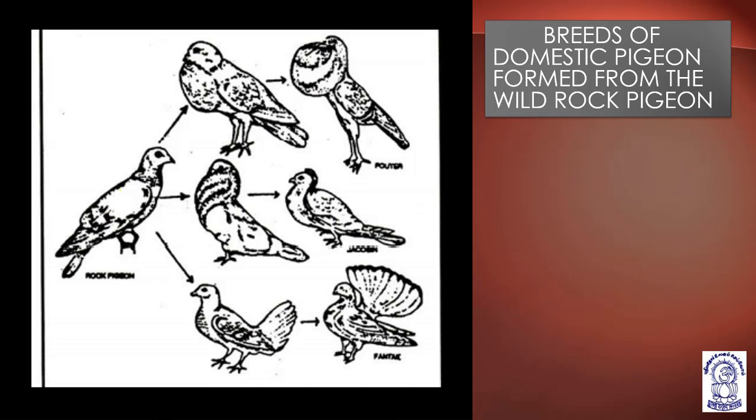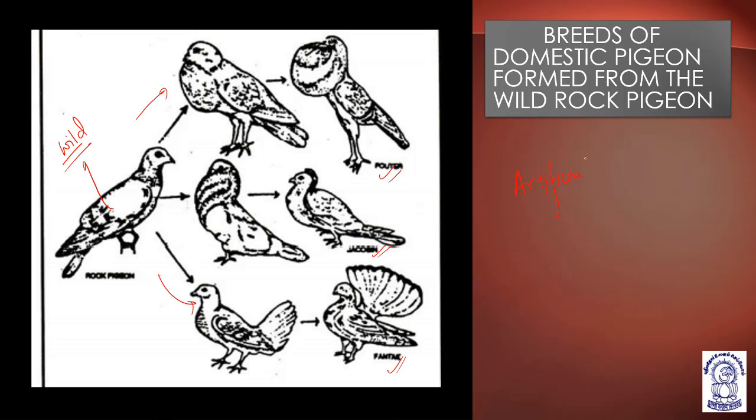This is the rock pigeon, I mean, this is the wild variety, and it is artificially selected to give rise to different varieties. Fantail, Porter, Jacobin. So all these varieties are artificially selected, right?